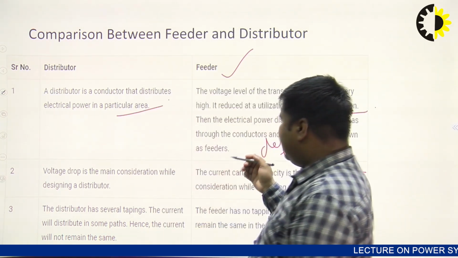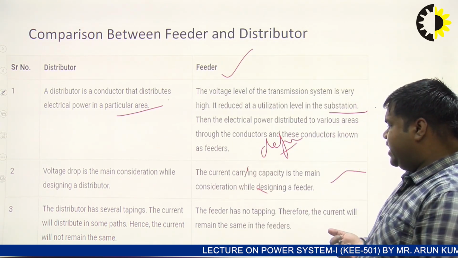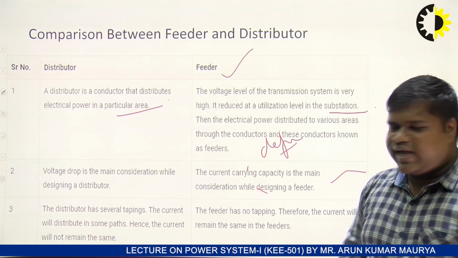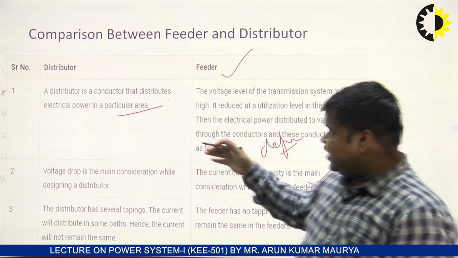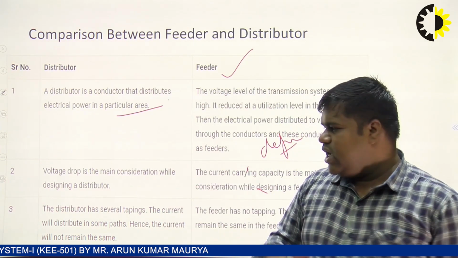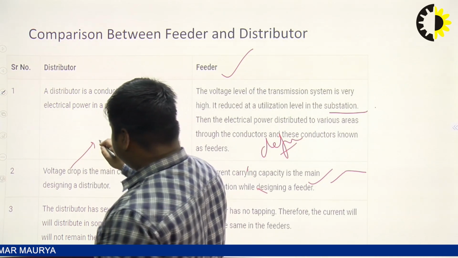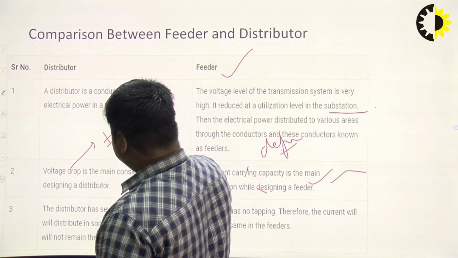A distributor is a conductor that distributes the electrical power in a specified or destination area. The second point: current carrying capacity is the main consideration while designing any feeder, and on the distributor side, voltage drop is the main consideration. The range is plus minus 6%.